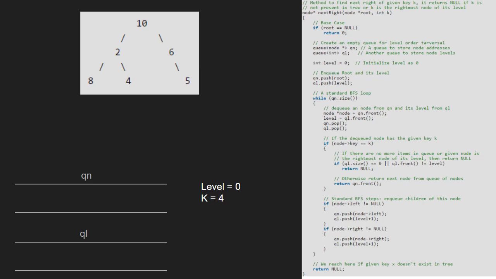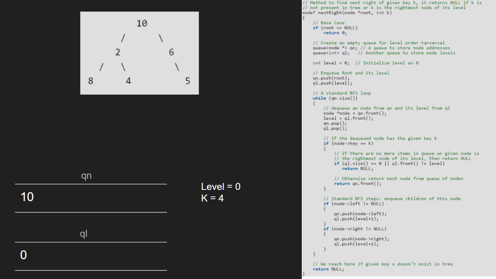In the next step, we push the root node which is 10 into Qn. Now we push level which is 0 into Ql. Next, we enter the while loop and dequeue a node from Qn and its level from Ql.